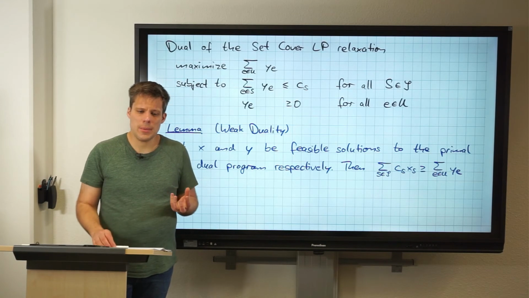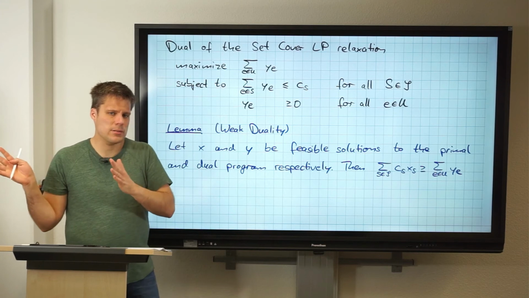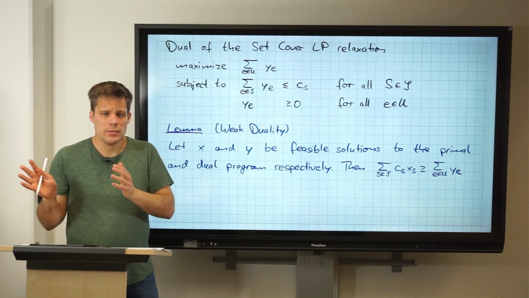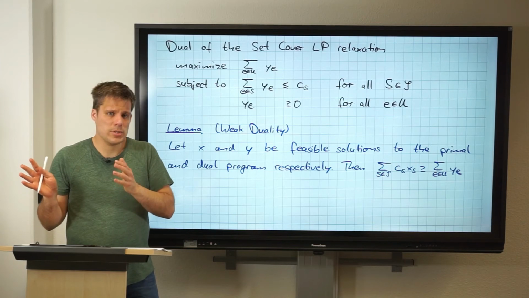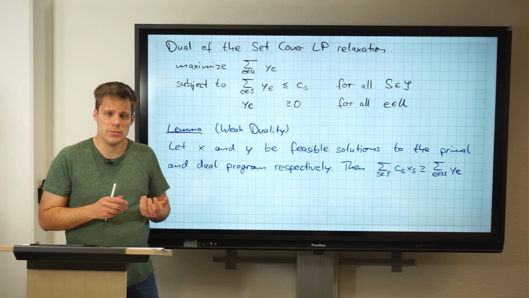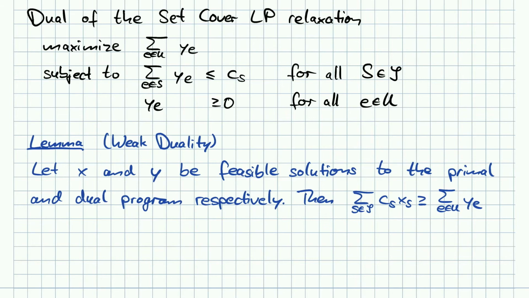So if you want to think about this pictorially, you have some possible values for the primal solutions. You have objective function values. You have some other possible values for the dual solution, but those never intersect.